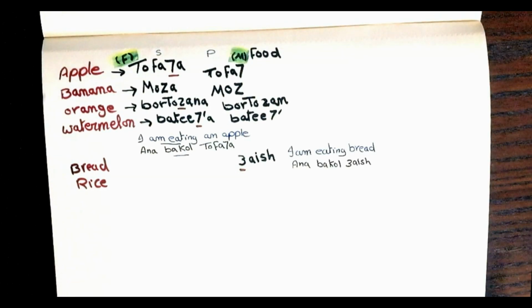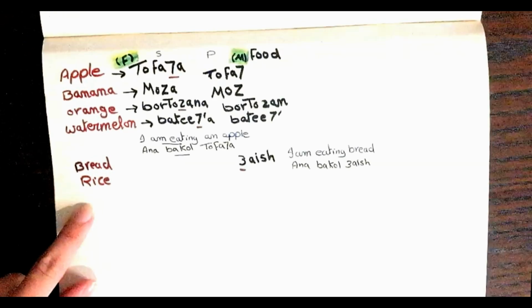And also an interesting thing to know is that the word aish comes from the word يعيش, which means to live in the Arabic language. So أنا باكل عيش means I'm working hard to live. So perhaps this is why we use this expression. And rice is rose.